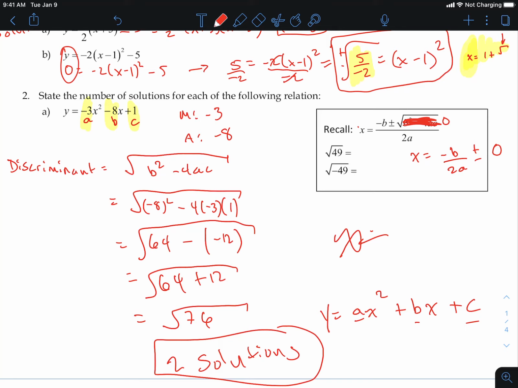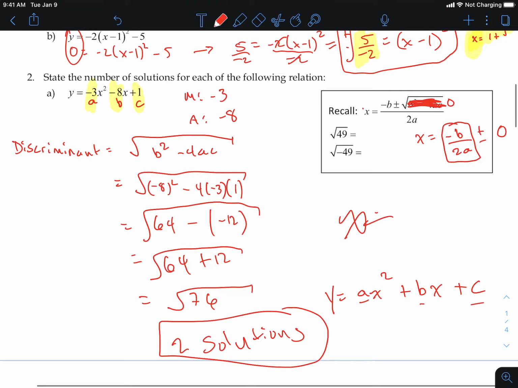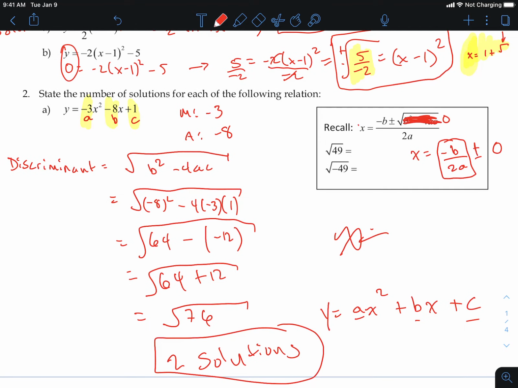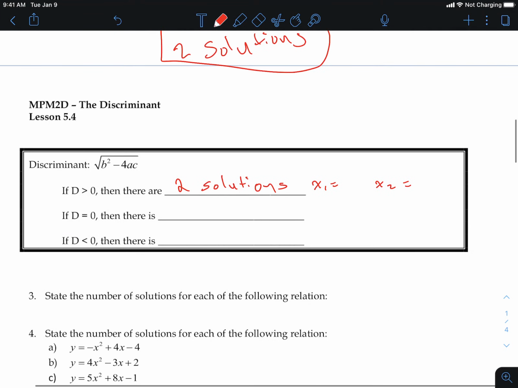What are you going to get for x? It's just one answer. You square root 0. You're going to add plus minus 0. You're going to get one answer. So if the discriminant is equal to 0, you get one solution.